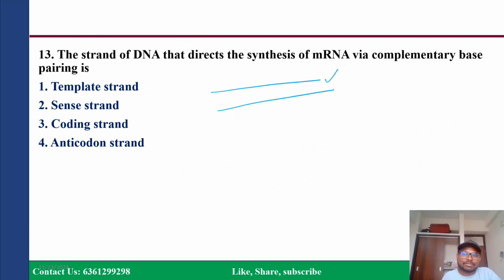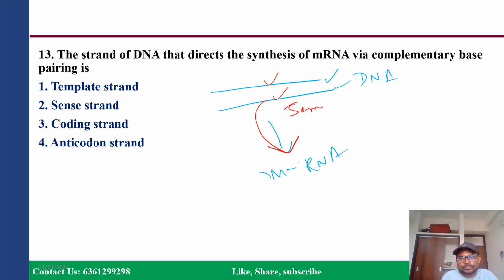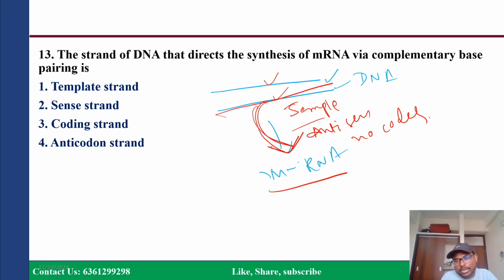Then it is also very simple. For example, this is DNA. Which strand goes as mRNA? If this strand is going to mRNA, this will be your template. It is called the antisense and non-coding strand, because it is complementary to the mRNA.